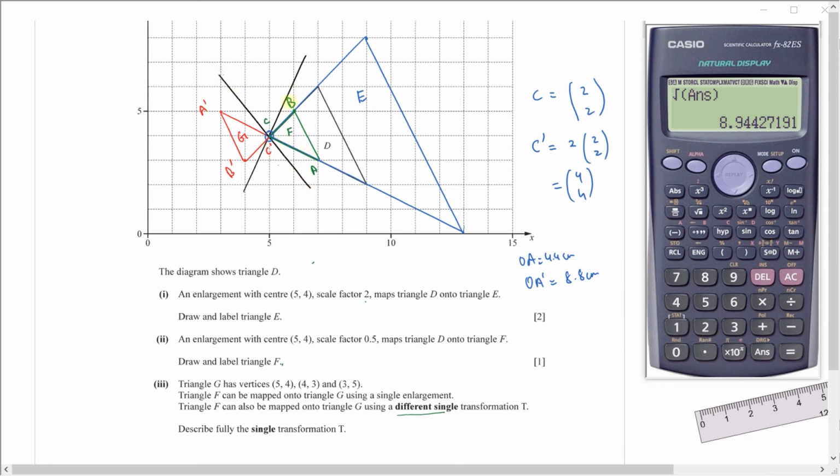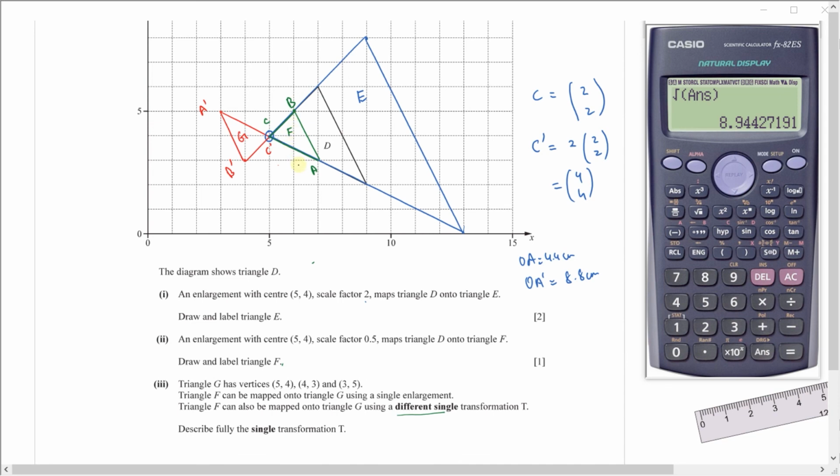So you're getting different line bisectors if you're trying to find the line of reflection. If you assume that this was a reflection, each corresponding pair of points is giving you a different line of reflection. So that means it's not a reflection. Otherwise, if it was a reflection, you would get the same line bisectors for A dash, B dash, and C dash. So this is not a reflection.